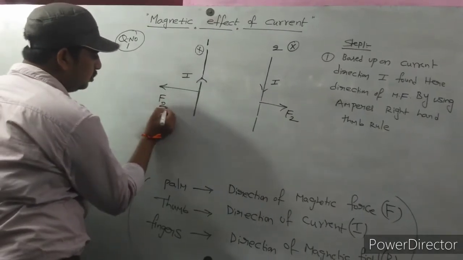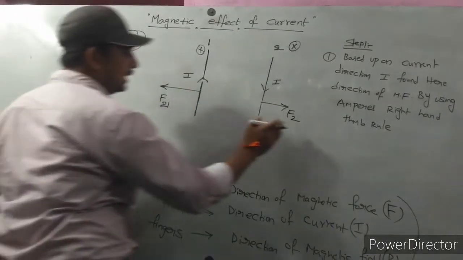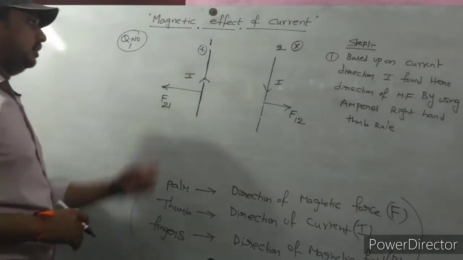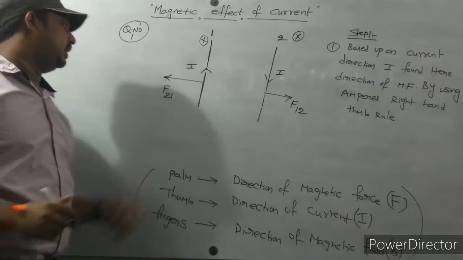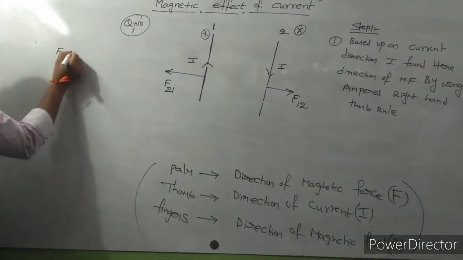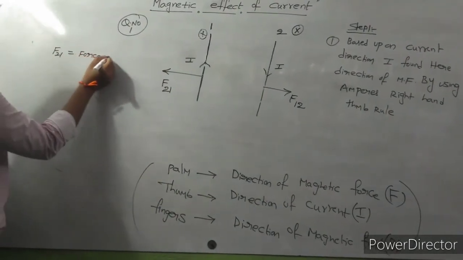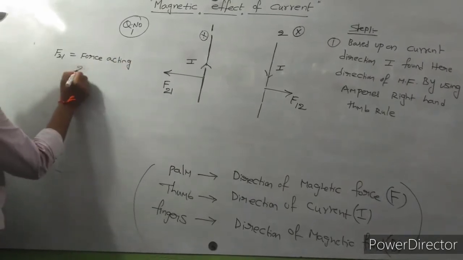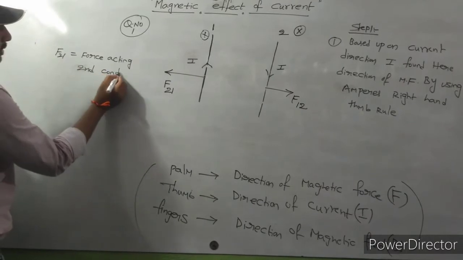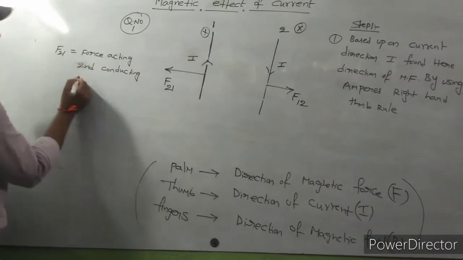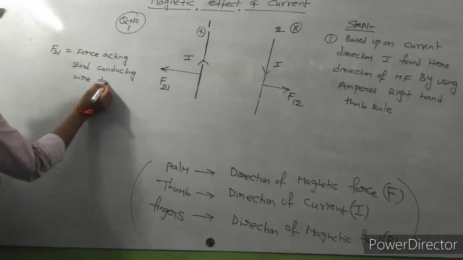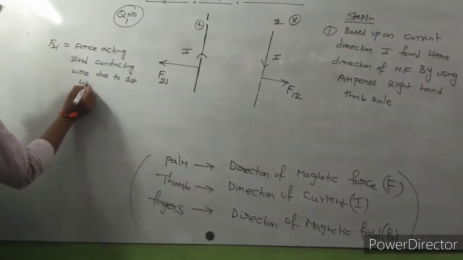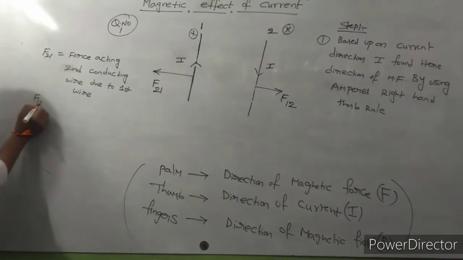Force acting on 2 due to 1. Force acting on the first conductor due to the second conductor. Force acting on the second conductor due to the first conductor. F21 means what? Force acting on the second conducting wire due to the first wire. Next, F12.